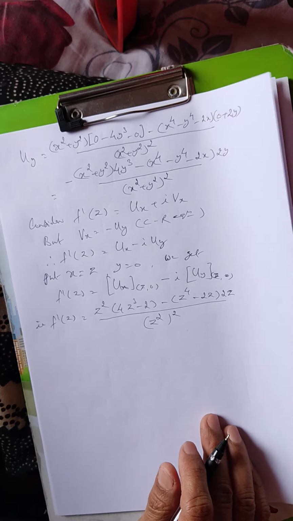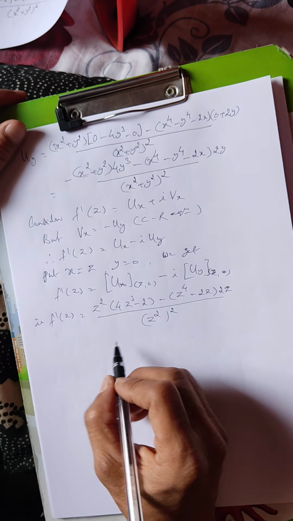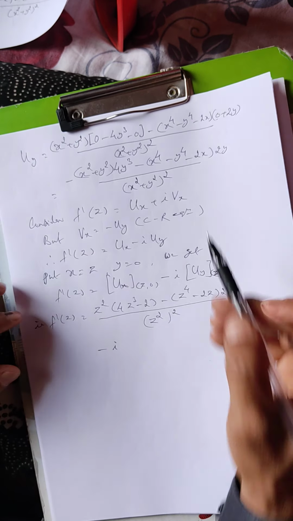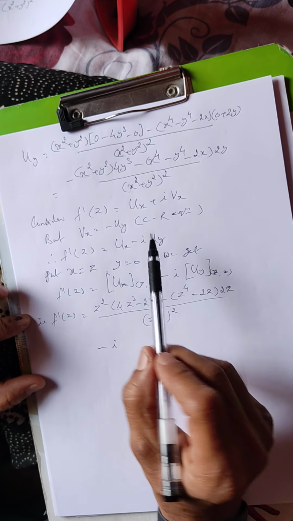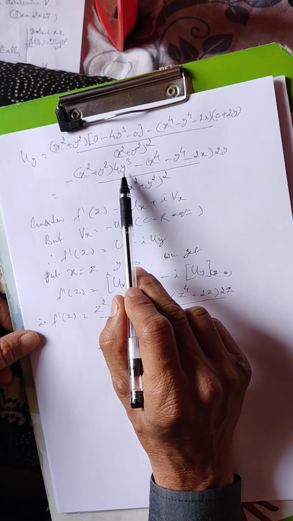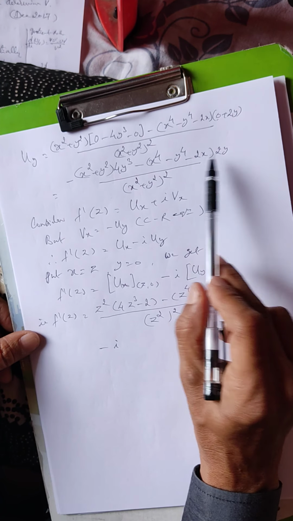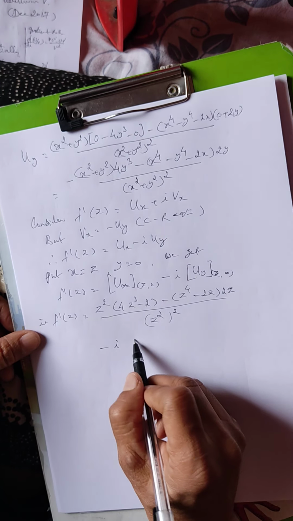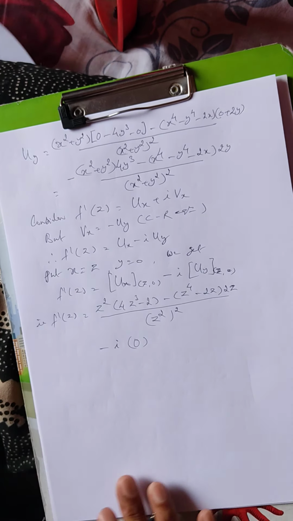That is for ux. Minus I into uy. So this is uy. You see uy, each term contains y. X square plus y square into y cube, and this entire term multiplied by y, and we are substituting y as 0 here, so the entire term is 0.